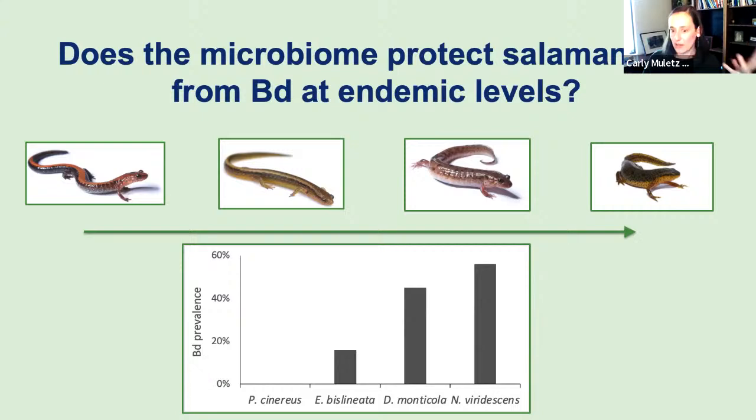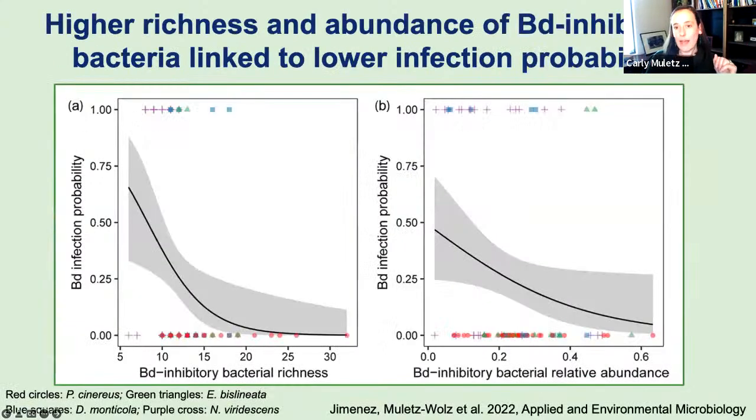So does the microbiome have anything to do with that? And I showed you earlier, there is some indication that newts have a very different network structure. But if we actually look at the BD inhibitory bacteria and their richness and abundance, we find that they are linked to lower infection probability in these animals.